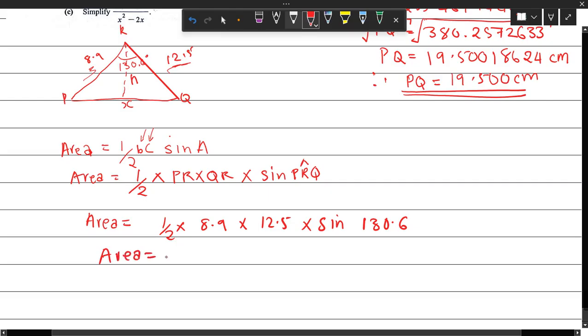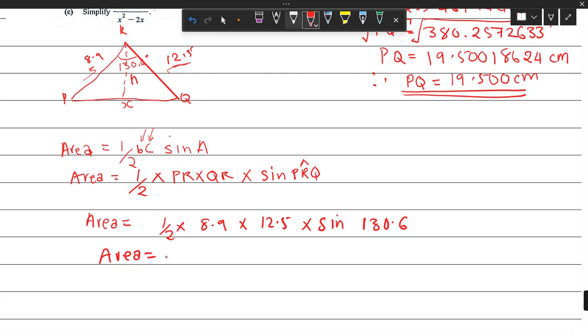So area equals to, okay, so let's calculate 8.9, 12.5, sine 130.6 divided by 2. So area is 42.23446647 centimeters squared. This is in centimeters, so we have centimeters squared.